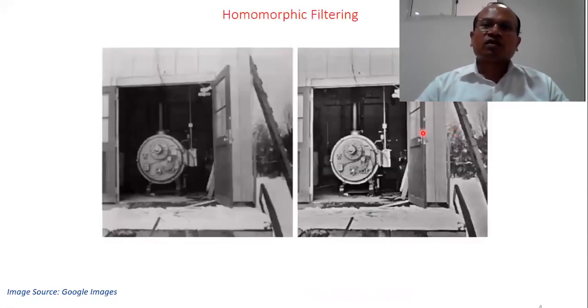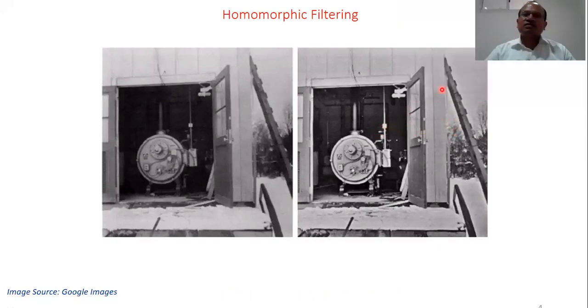So there is one more filtering method called the homomorphic filtering method. You see here, homomorphic. In the homomorphic filtering method, the high frequency contents are emphasized. You see the fine, thin boundaries of this structure, and similarly the boundaries of this door and the other structures.